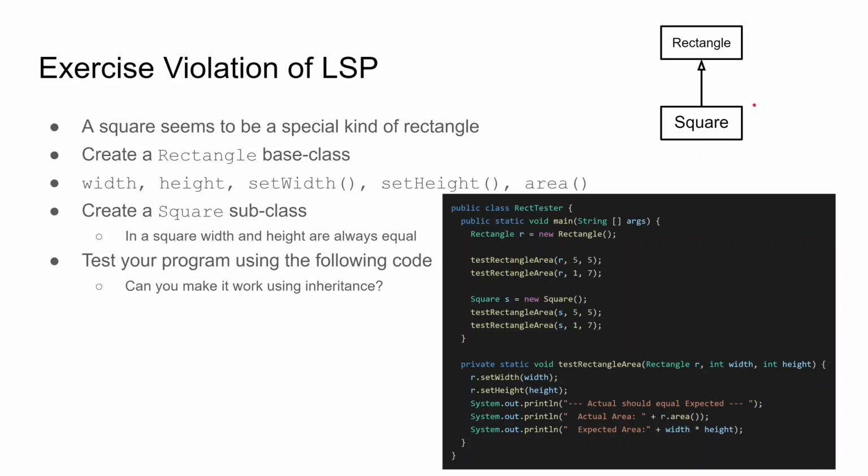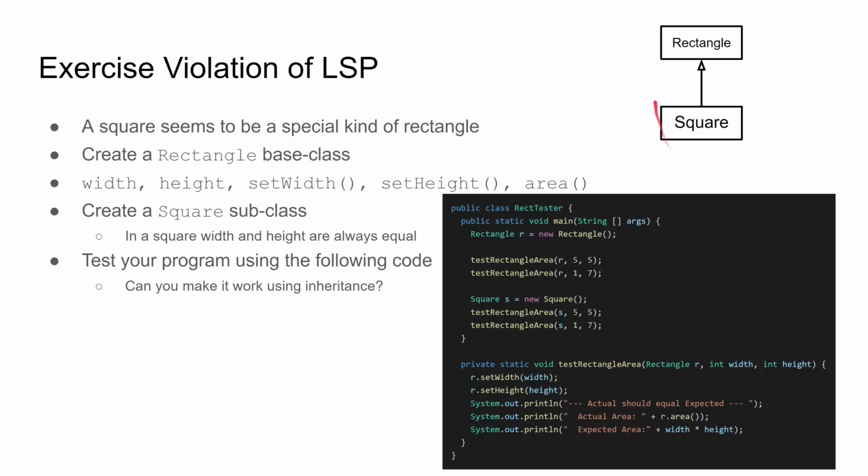So the rectangle has a width and a height. The square also has a width and height, but it just makes sure that the width and the height are always the same. So in the rectangle we have the attributes width and height, and we have operations like set width, set height, and calculate the area.